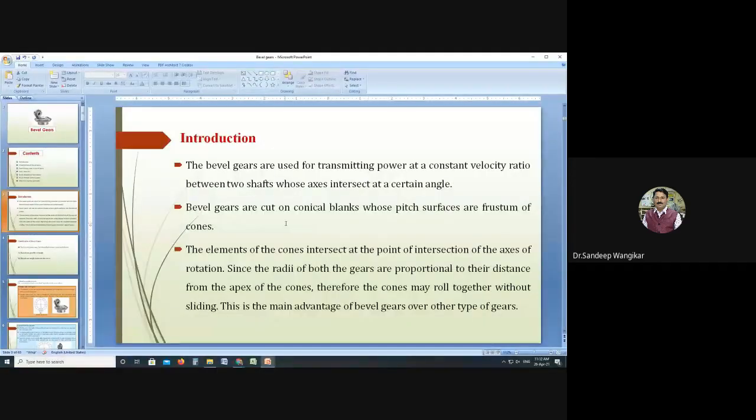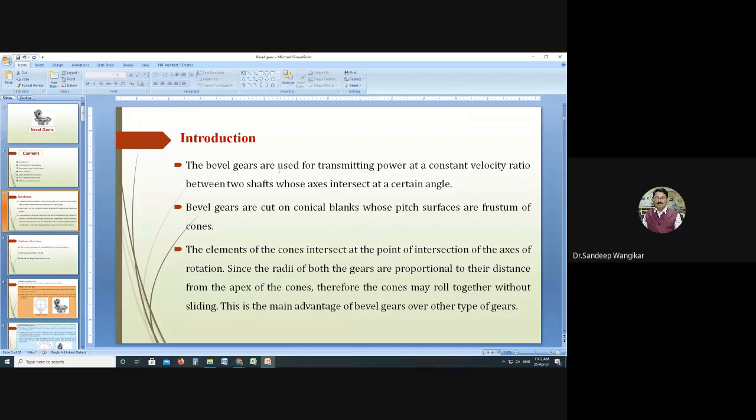The bevel gears are used for transmitting power at constant velocity ratio between two shafts whose axes intersect at certain angle.